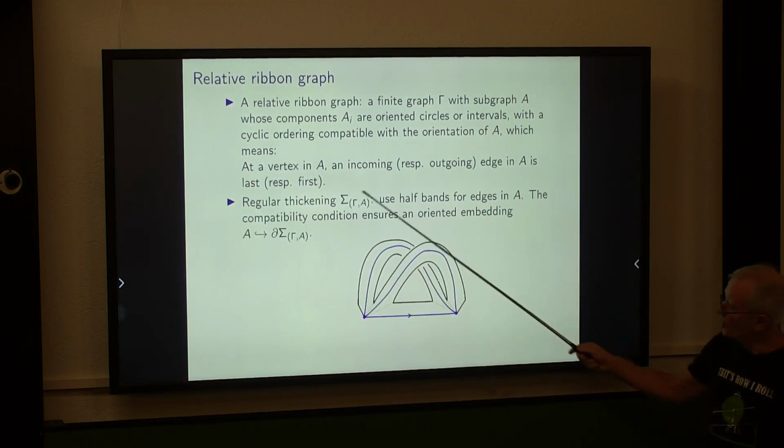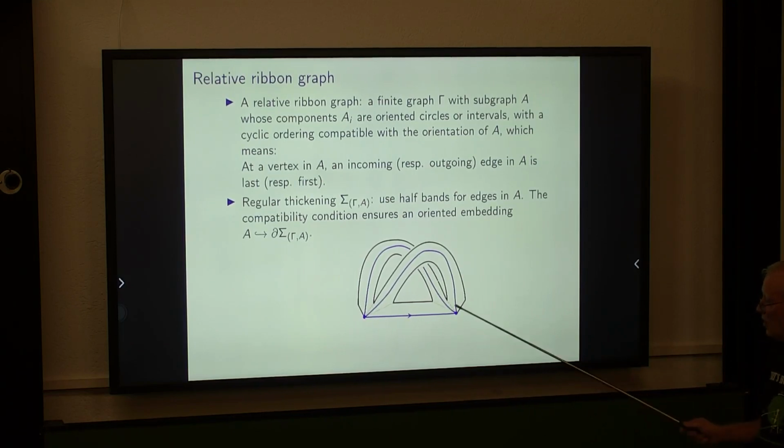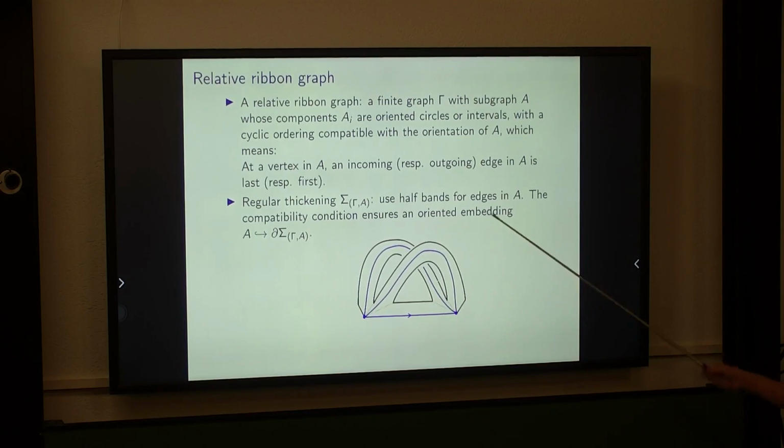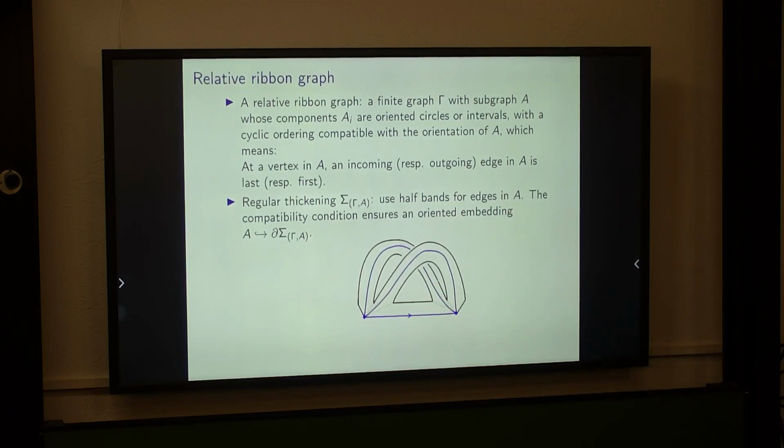Compatible means that at a vertex in A, for example this one, an incoming edge will be last in the cyclic ordering. So the cyclic ordering is a sequence like this. The incoming edge is last, and here it's first. So this compatibility condition ensures that you get an oriented embedding of A in the boundary of the ribbon graph.